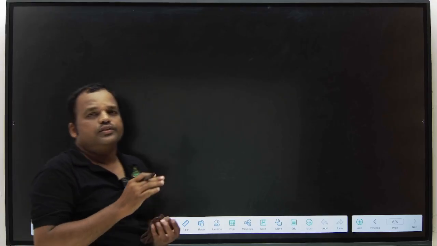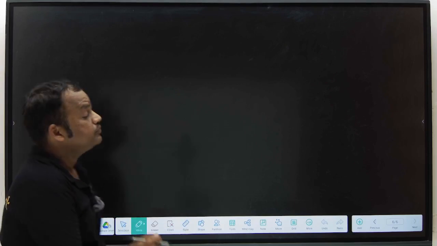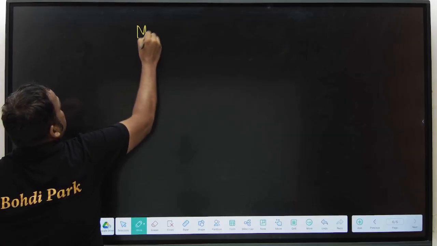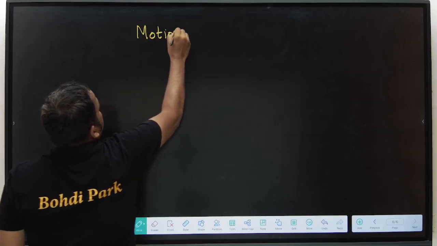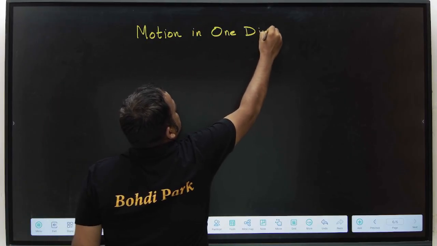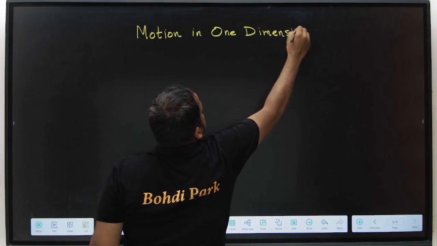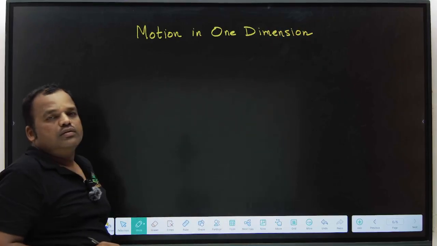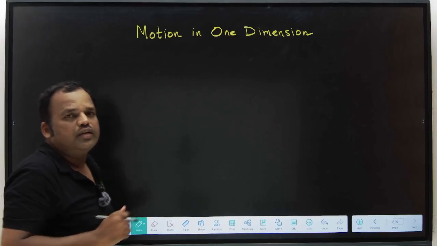Now next short trick is from topic motion in one dimension. We also call it straight line motion.